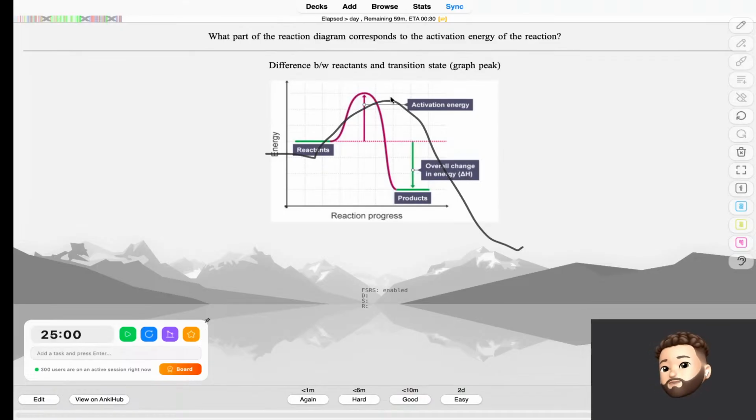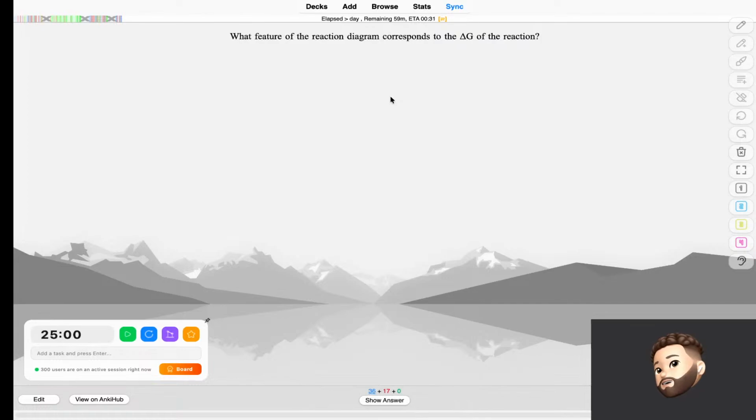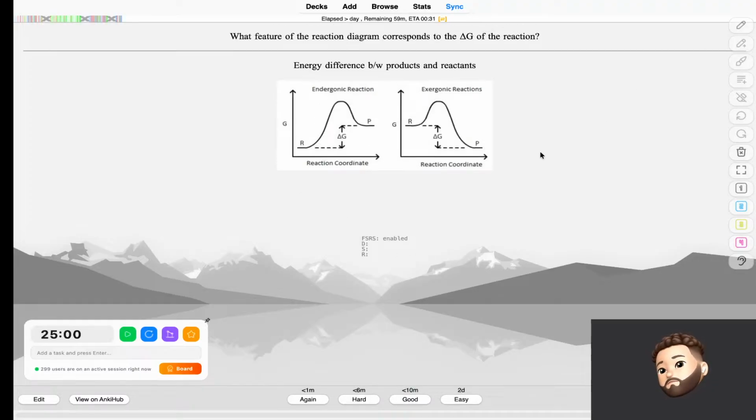Okay, I did say it was the peak, but I didn't elaborate. What feature of the reaction corresponds to the delta G of the reaction? It's the difference between reactant and product, something like that. Yeah, that's what I said.